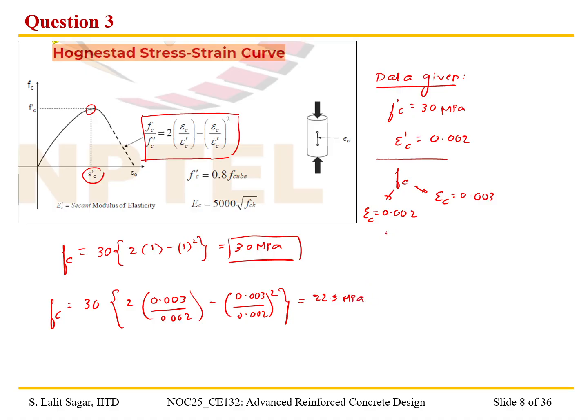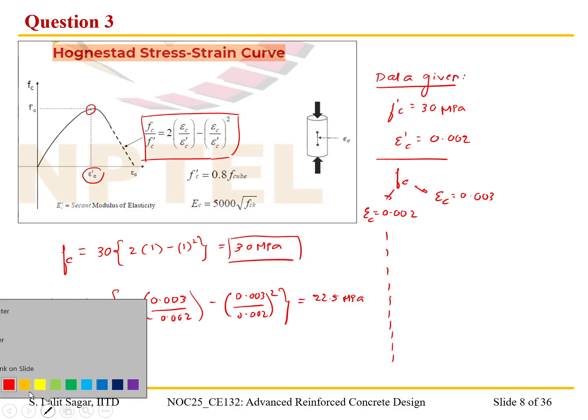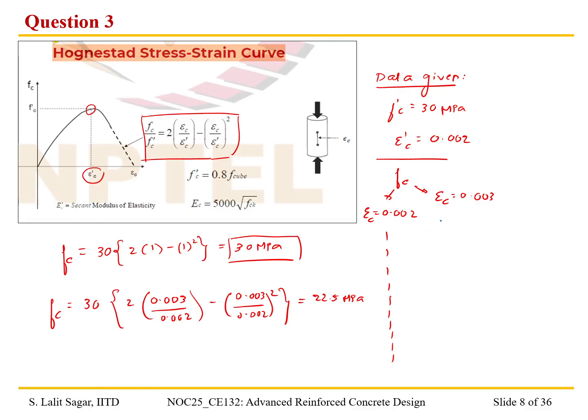Now to calculate the axial load, I will take another color. We have P is equal to Fc into AC.